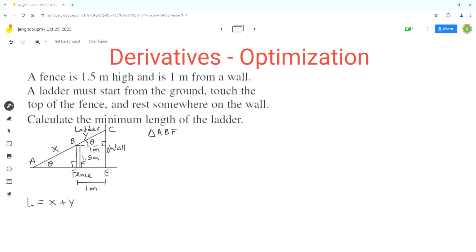This is a right angle triangle, and in this triangle we know the side length opposite to angle theta, that's the opposite side, and x is the hypotenuse. So we can use sine ratio. The formula for sine is opposite over hypotenuse. We can isolate x by cross multiplying to the left side.